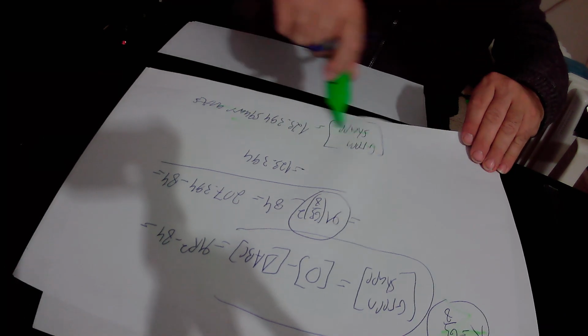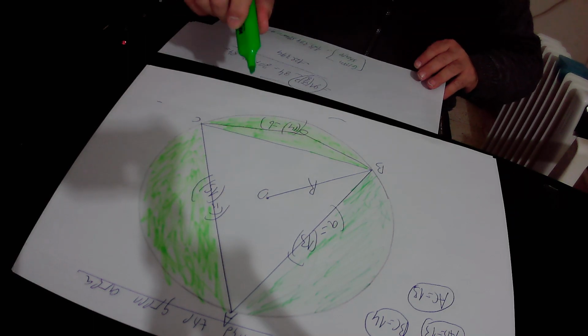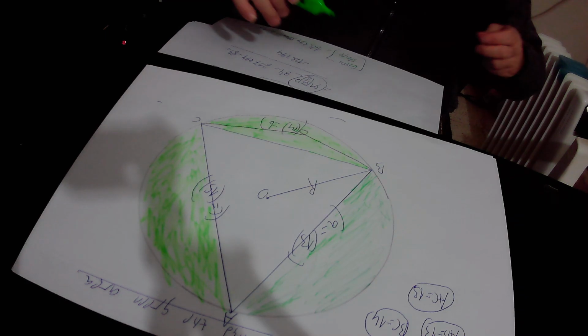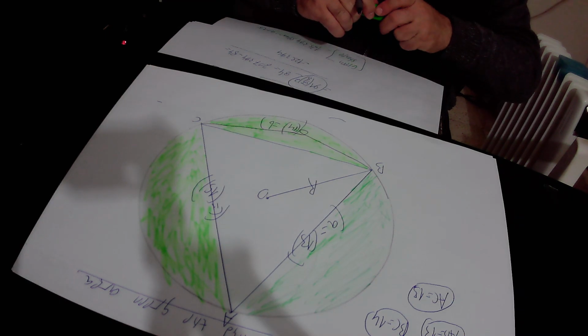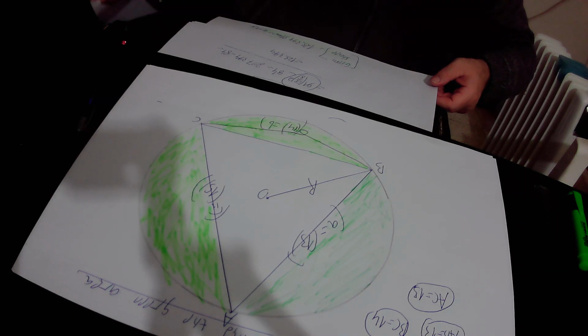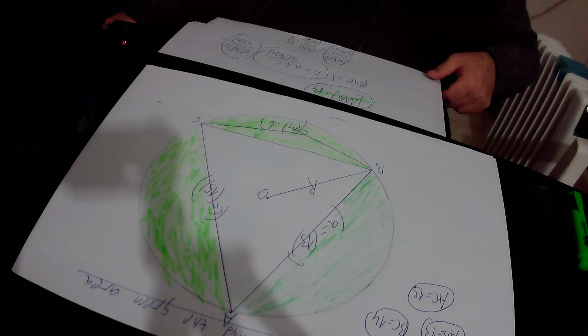Repeat again: the area of this green shape, according to the first method, equals 123.394 square units. So we finished with the first method. In the next step, I will present how to find the area of this green shape according to the second method.